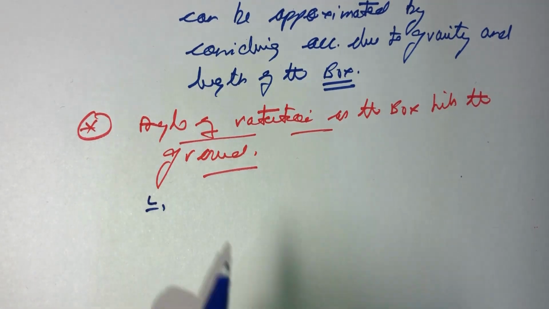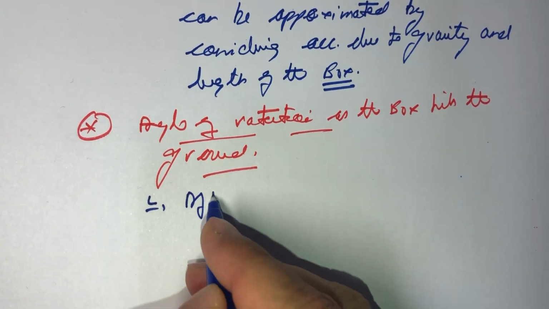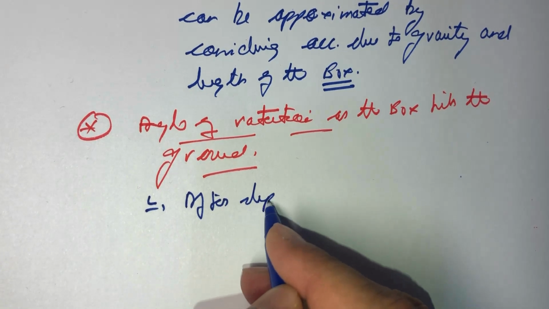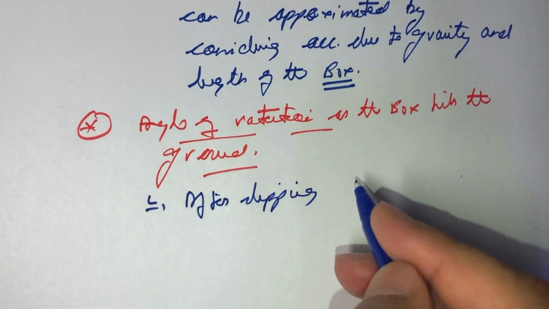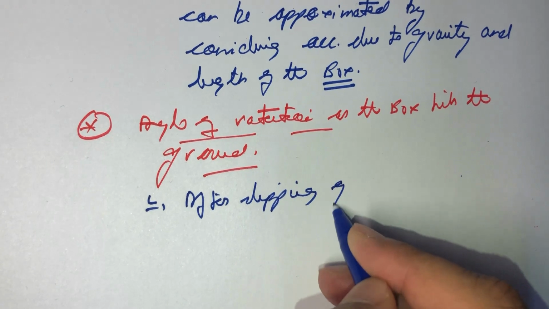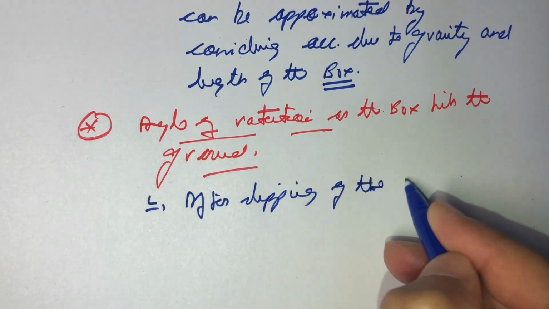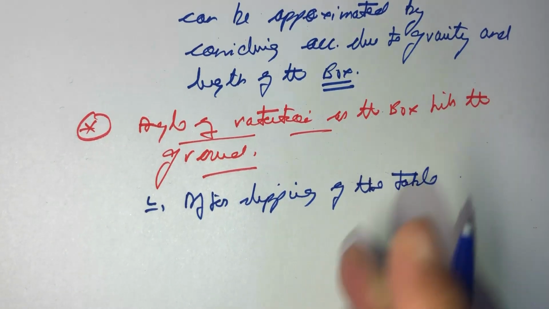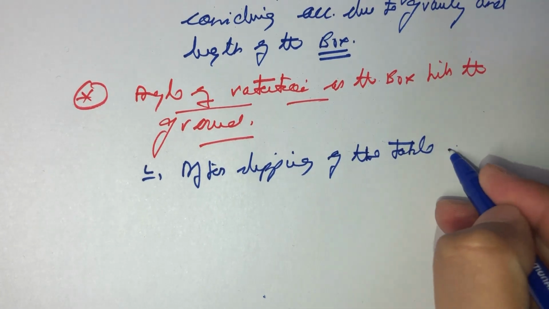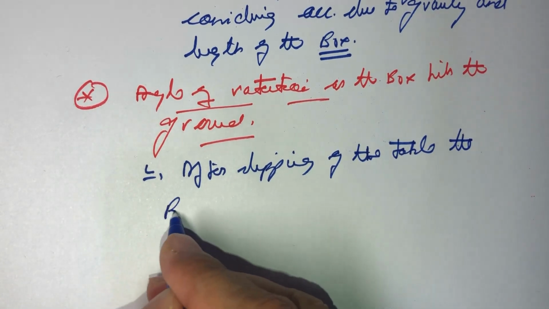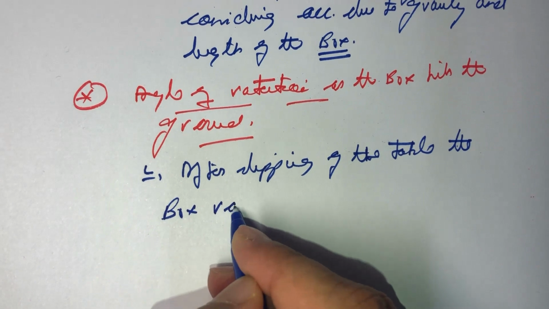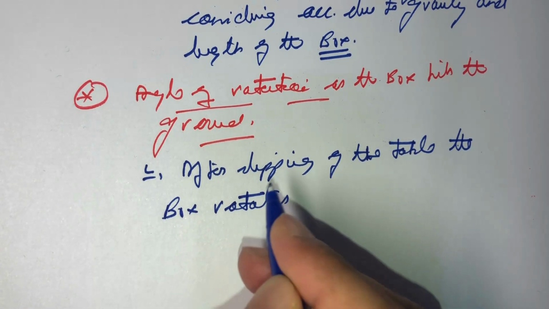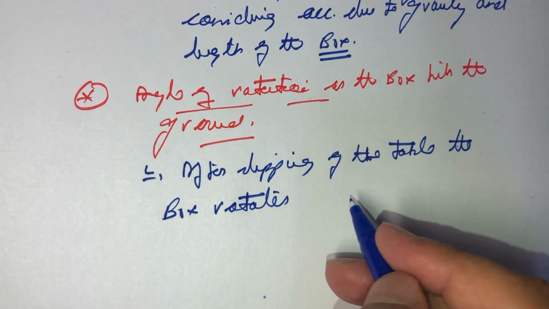So we can say that after slipping off the table, the box rotates as it falls.